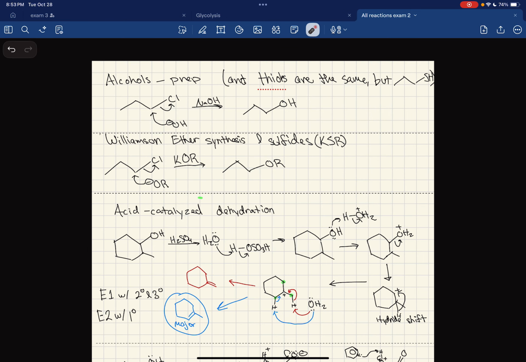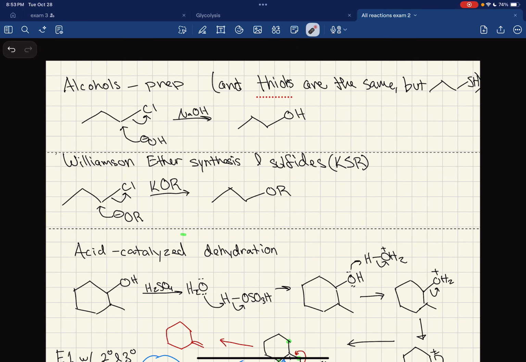Cool. Alcohol prep is pretty basic. It's basically a substitution reaction, SN1, SN2, I guess it could be both, where you have NaOH to get the hydroxide group attacking that carbon coming off, giving an alcohol. Simple enough.